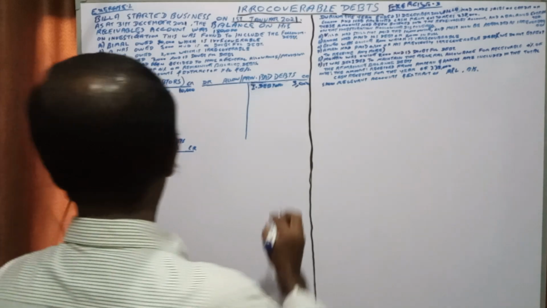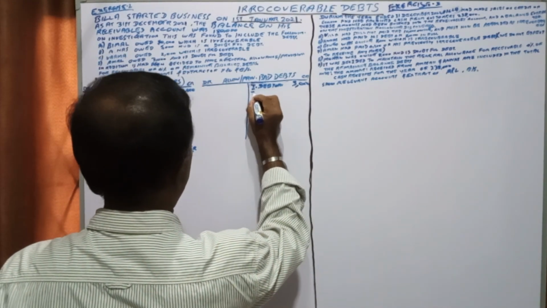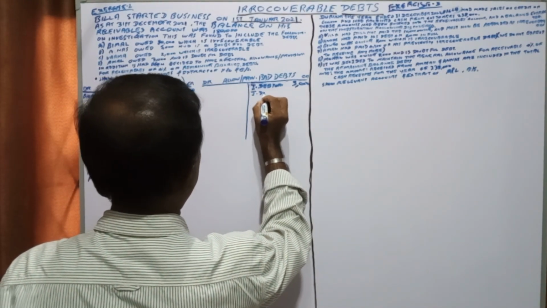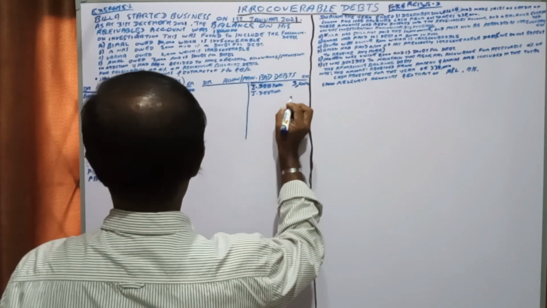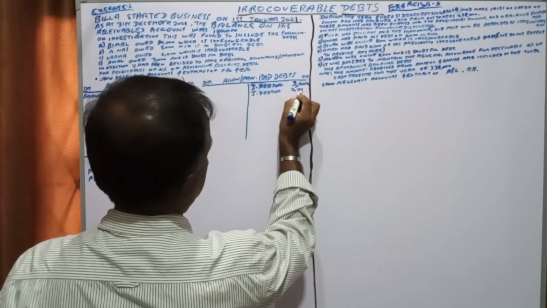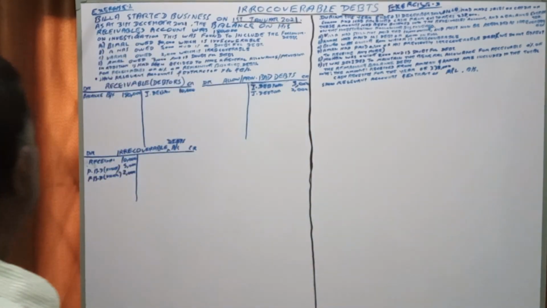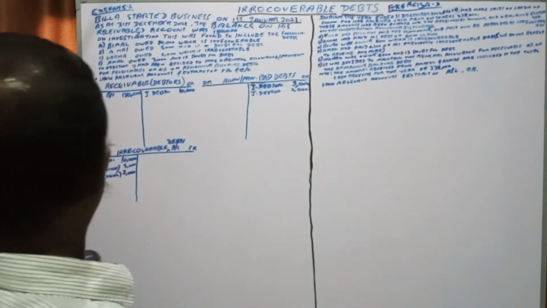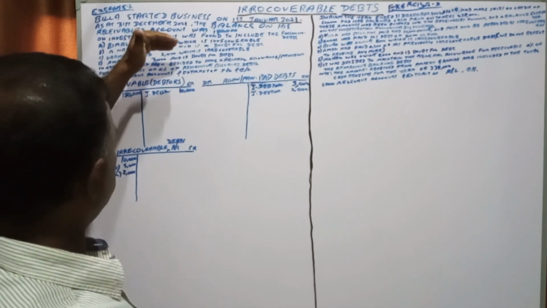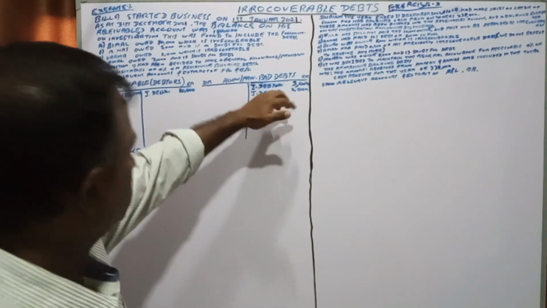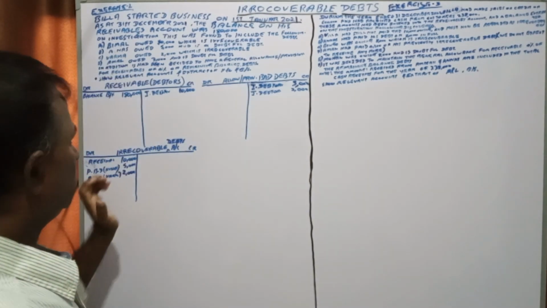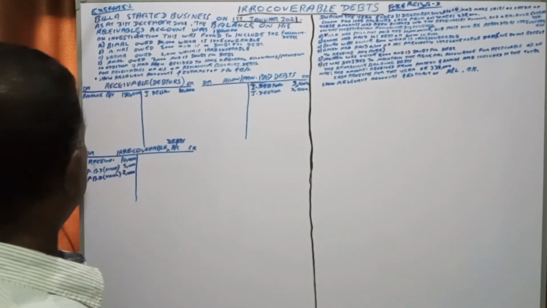Here you say irrecoverable debtors, that is 2,000. So Varma owed 2,000, which is irrecoverable. For that also we made an entry.